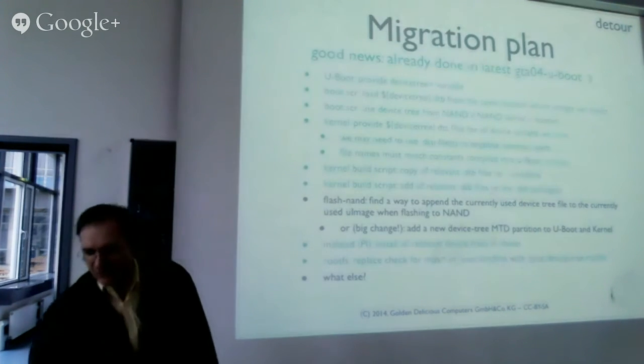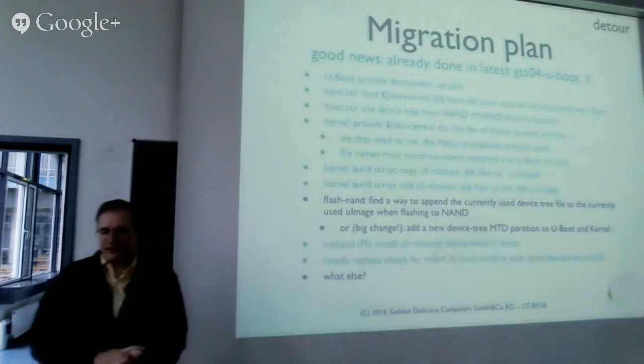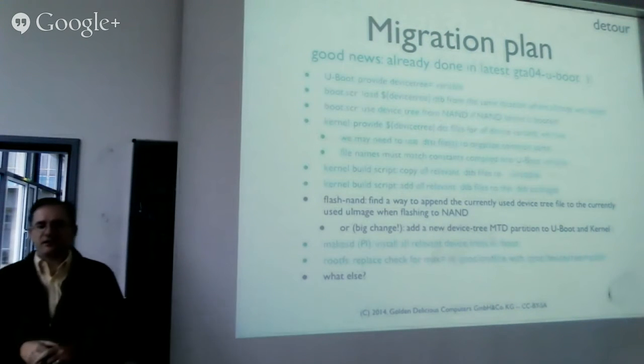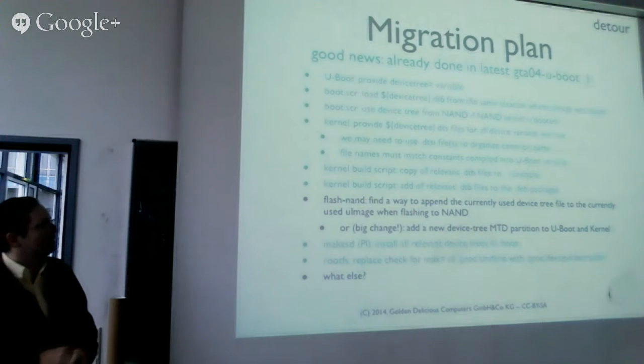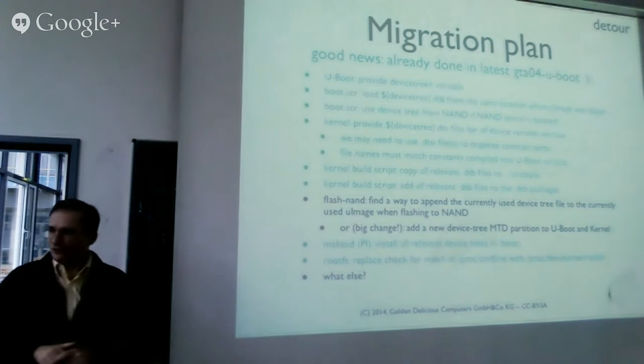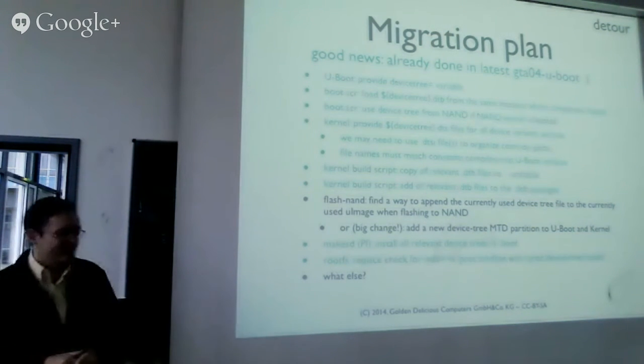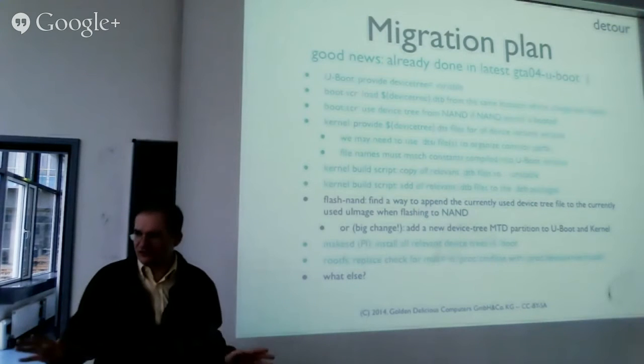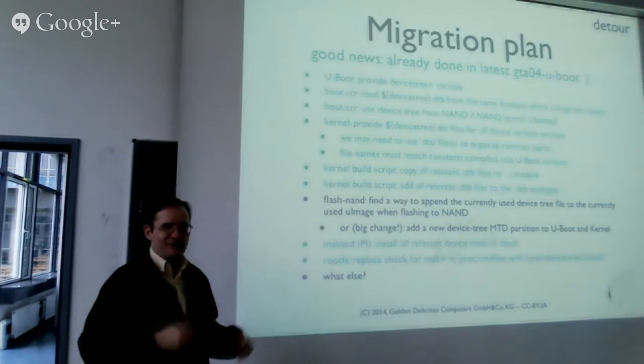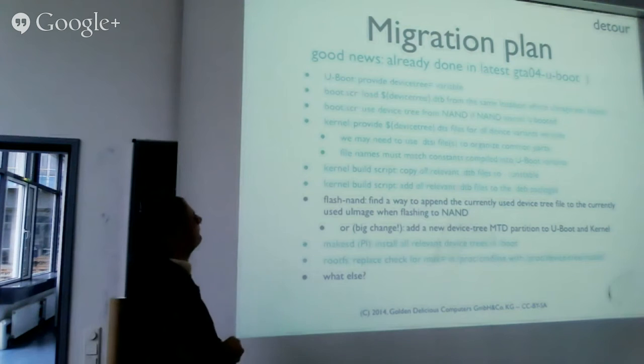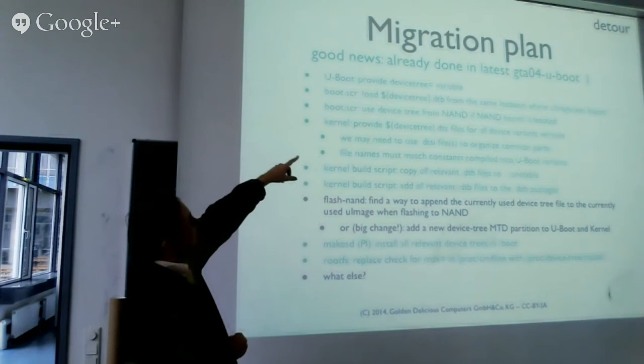Okay. So the last thing in this concept, in this migration plan, was a list of things to be done, and the good news is almost everything is done. So U-Boot is solved, and we can then go back to the kernel device tree. U-Boot provides this variable.